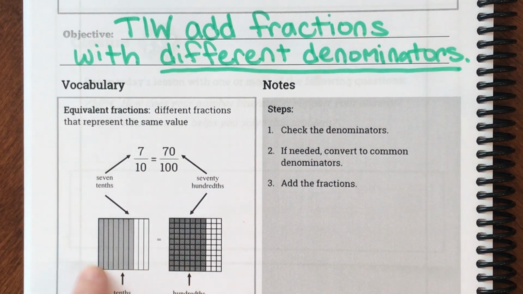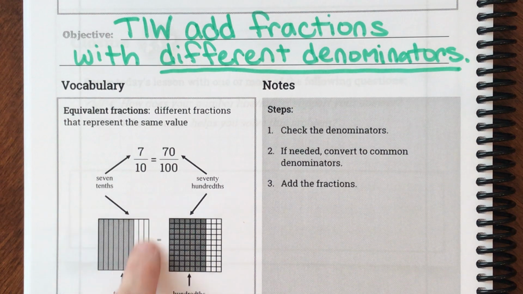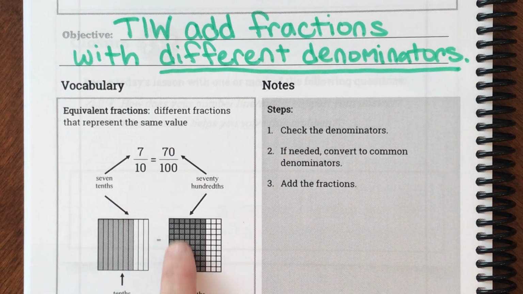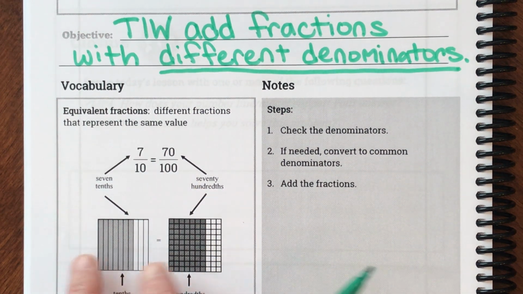If we look here at this grid, they divided this into 10 vertical sections and shaded in 7. This is a 10ths grid, but then in the 100ths grid, it was divided into 100 sections and they shaded in 70. If we look closely, they're both worth the same value. It's the same amount.